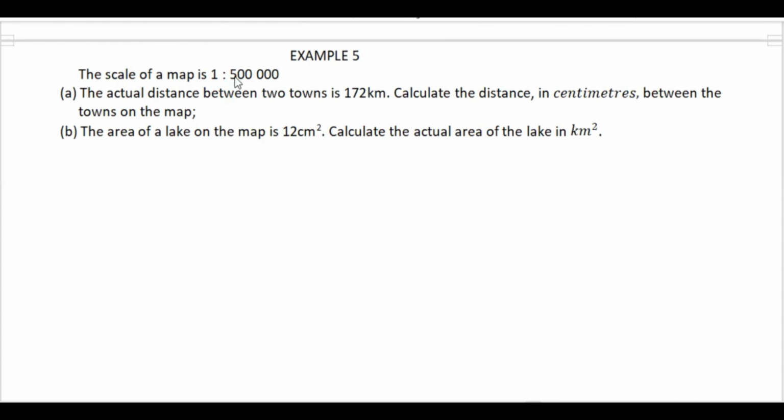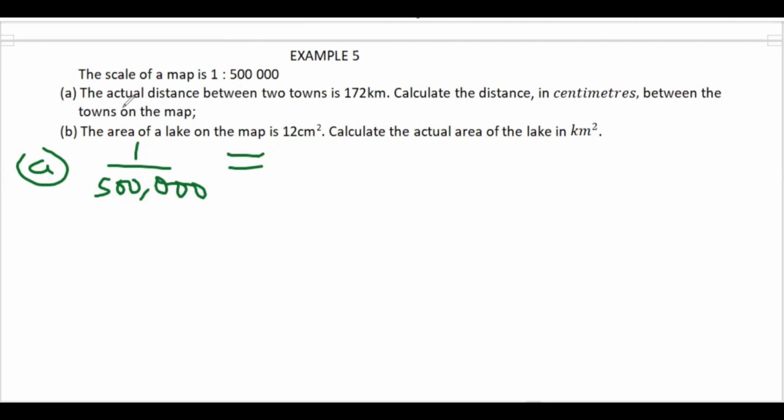In the A part, on every occasion, you first write the ratio of the scale. We know that 1 over 500,000 equals the ratio on paper to that of the land, to that of reality.